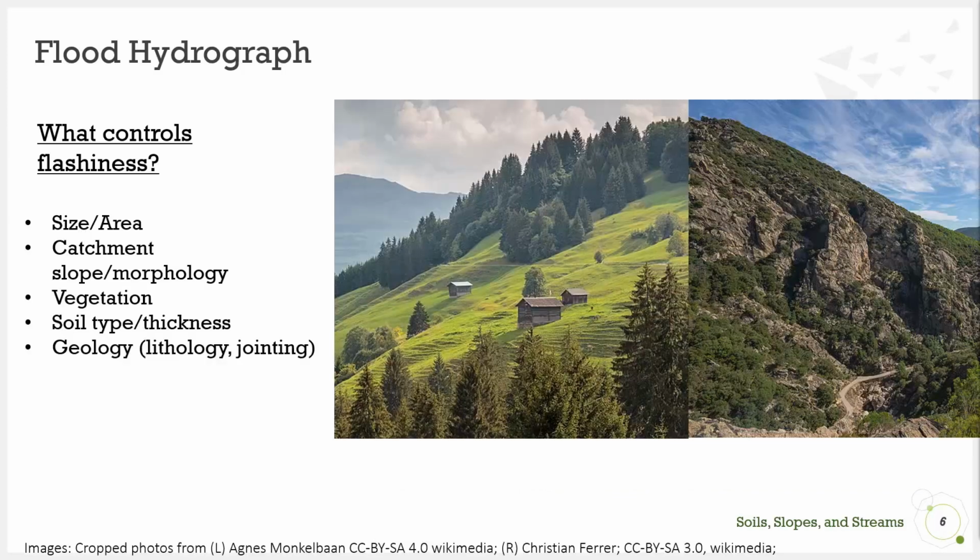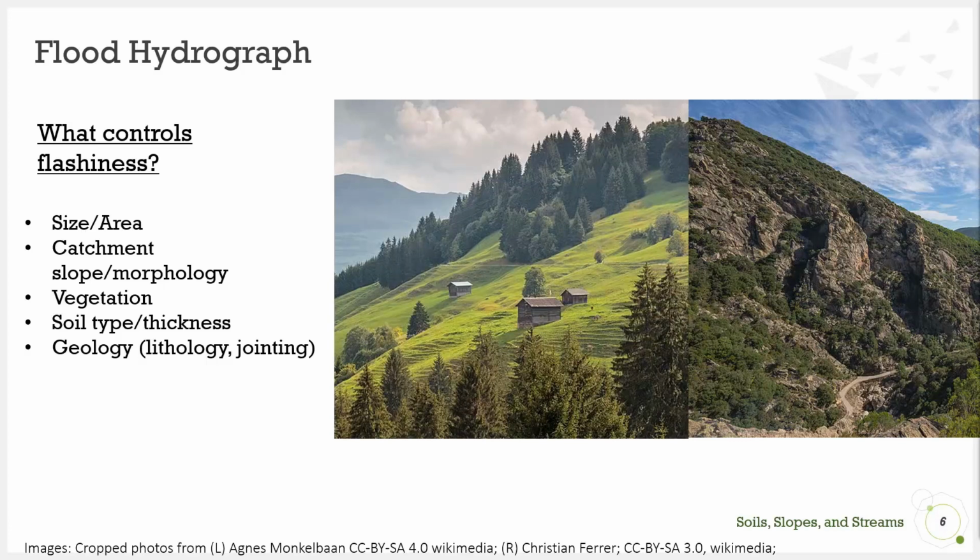Other things that influence the flashiness are hill slope or stream hydrology. Variables such as the catchment slope, vegetation both in the channel and on the hills, and the soil type, thickness and whether it can hold much water matter.